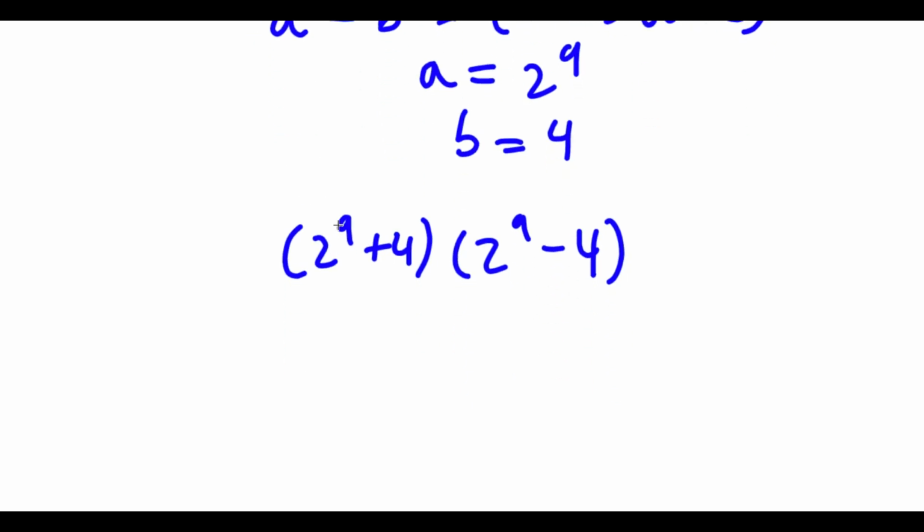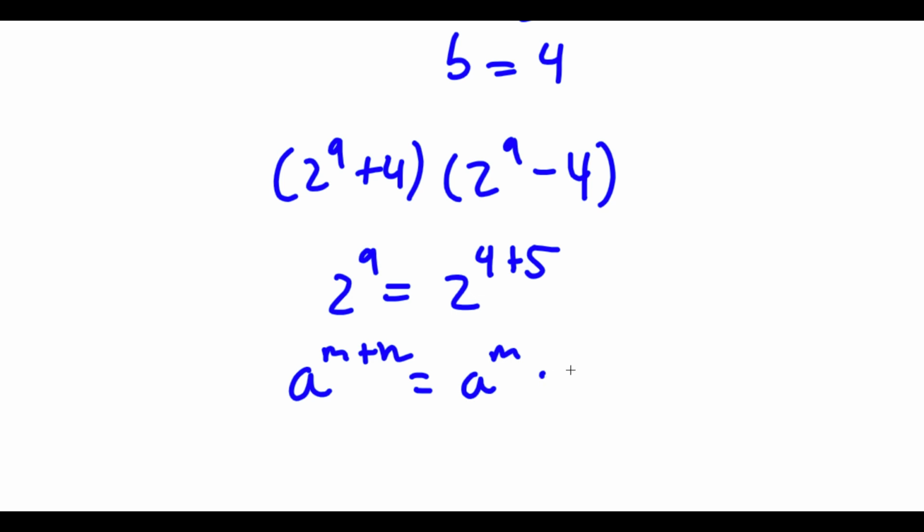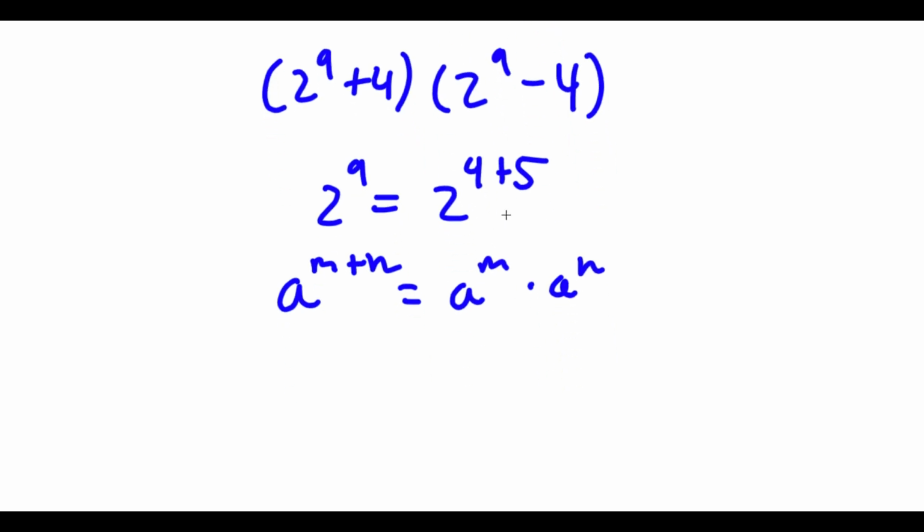Now 2 to the power of 9, let's go ahead and solve for this. So 2 to the power of 9, this is the same thing as 2 to the power of 4 plus 5. And now if I have something in the form a to the power of m plus n, this is equal to a to the power of m times a to the power of n. So 2 to the power of 4 plus 5, that's going to equal 2 to the power of 4 times 2 to the power of 5.